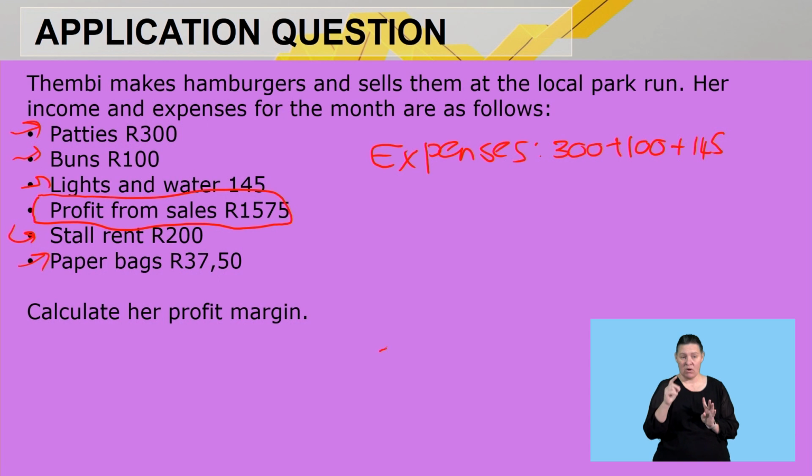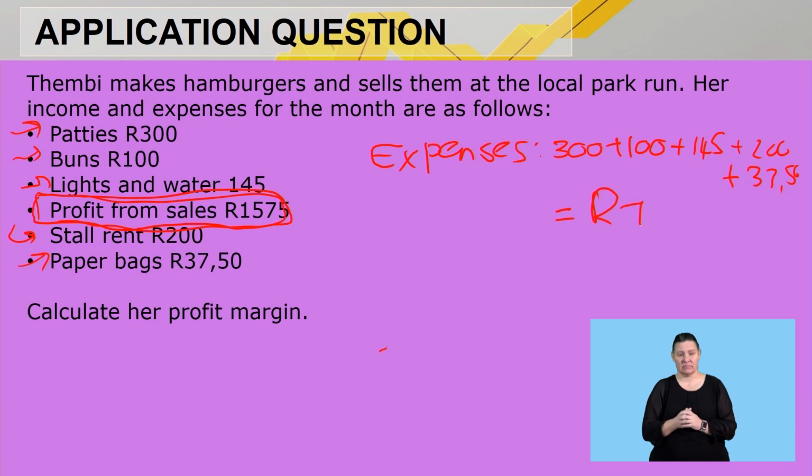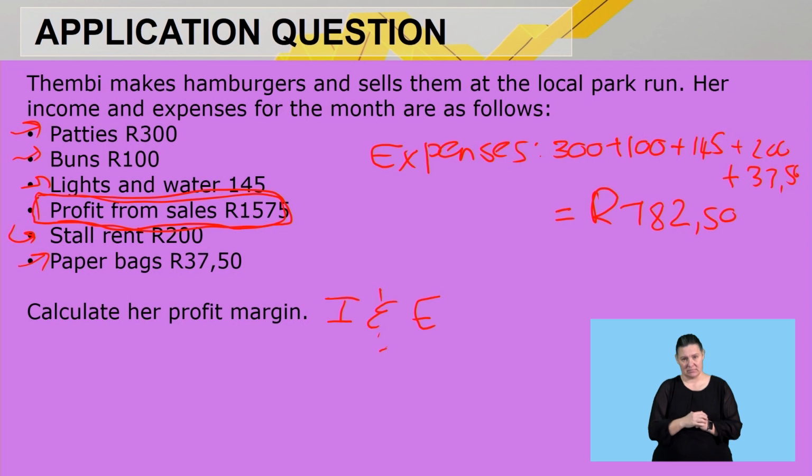Now be careful, do not add the profit. That is why I highlighted it. So it's only then the rent, 200 Rand, and also the paper bags, so 37.50 Rand. So her total expenses is 782.50 Rand.